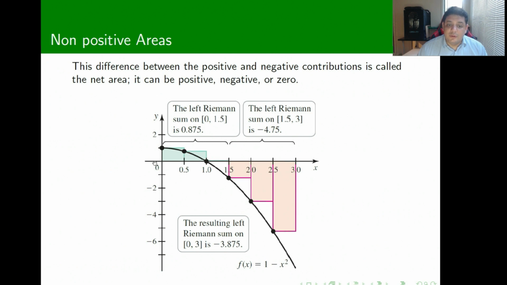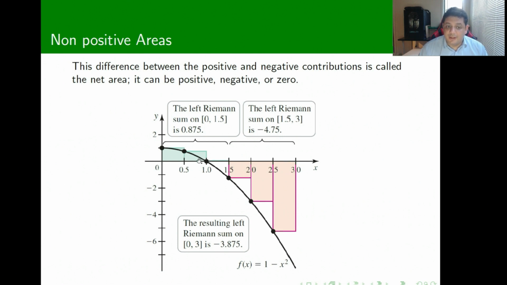So what's going to happen is that the left Riemann sum from 0 to 1.5 is going to be accounted by everything in green. Notice this is a positive area, 0 area over here, because we don't really have a rectangle here. And then we start adding up negative parts.